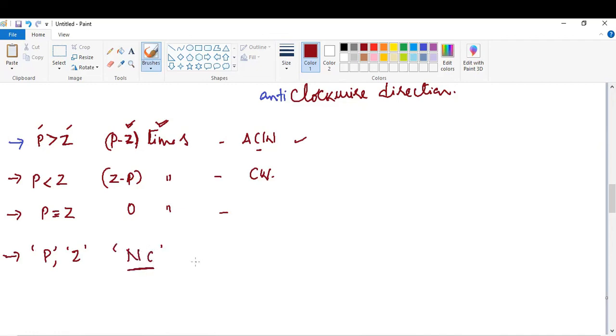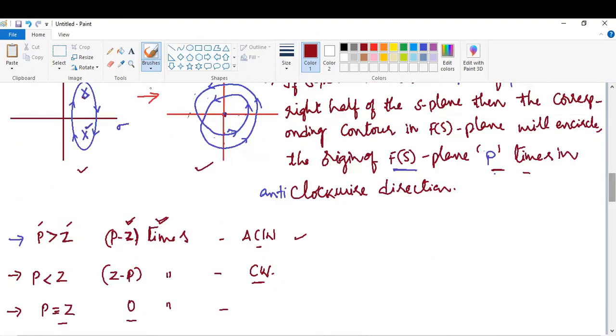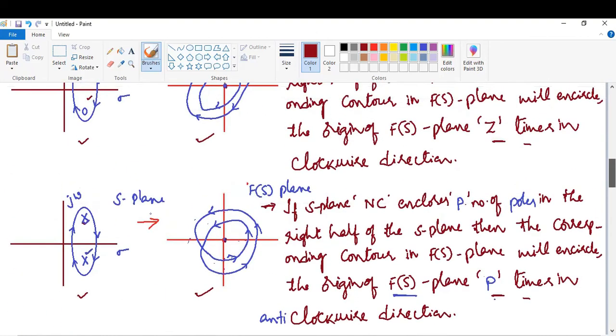In this case, the corresponding contour in the F(S) plane will not encircle the origin of the F(S) plane. That means there is no encirclement in this case also. No encirclement of origin. So these are the 6 points that we need to remember in order to draw a Nyquist plot for any kind of problem in control systems.